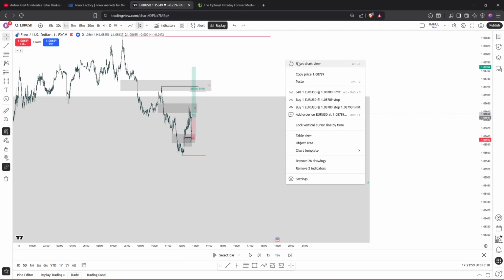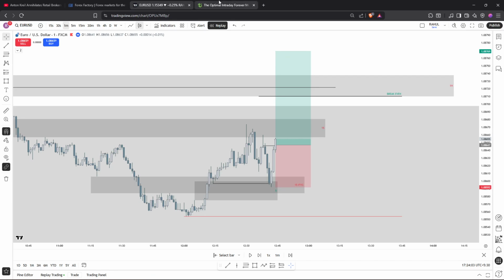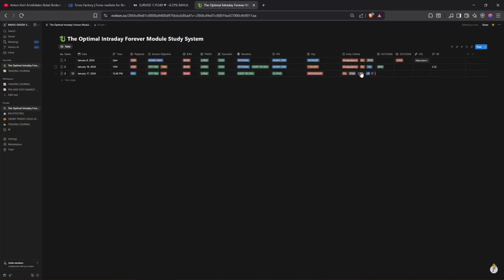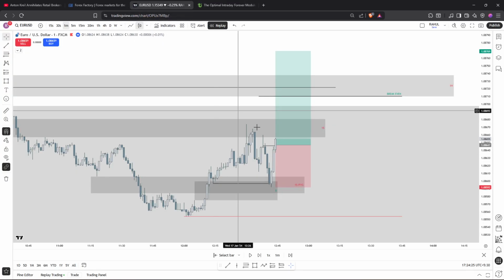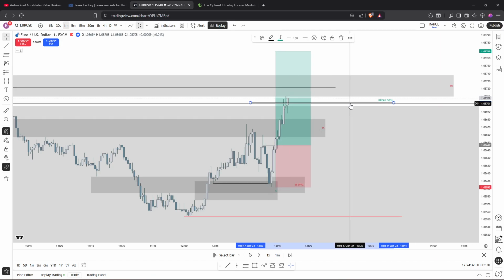Daily APG. Boom, bam, bosh. Break-even hit, 1 hour APG.